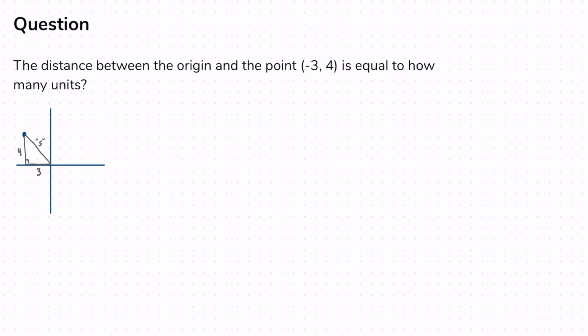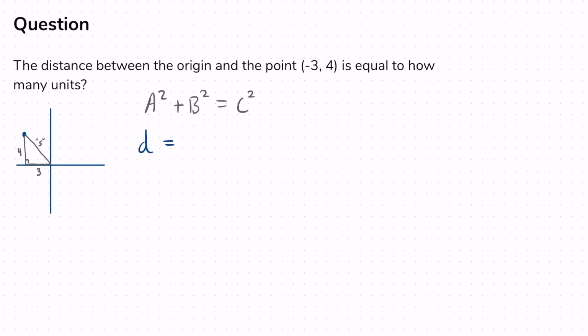Well, what I'm going to do is treat this as if it is a Pythagorean triangle, a right angle triangle. So what I'm trying to find is my hypotenuse. If I'm looking at a squared plus b squared equals c squared, then c, the hypotenuse, is also the distance between the origin and my point. So we're going to call that d.